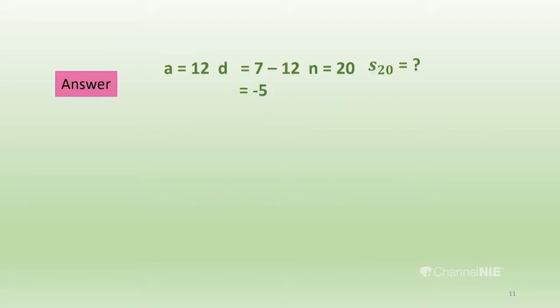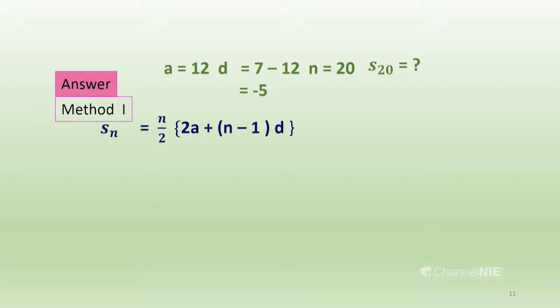I am going to use the formula, Sn equals n over 2 times 2a plus n minus 1 d. Then I am substituting the values there. N is 20, a is 12 and d is minus 5.